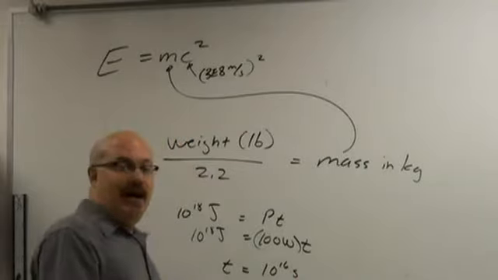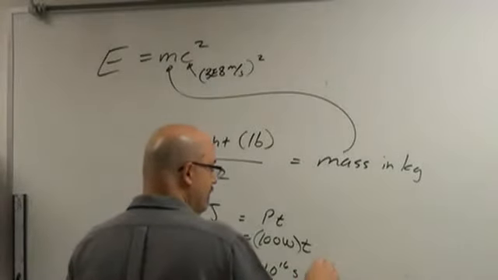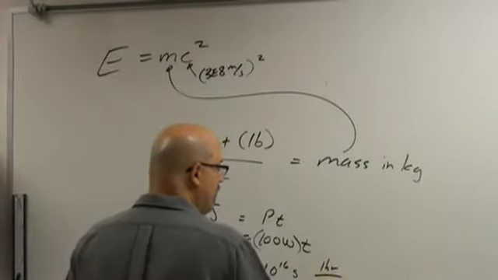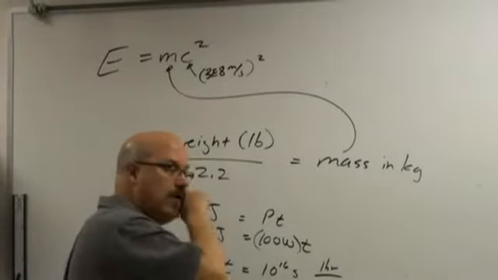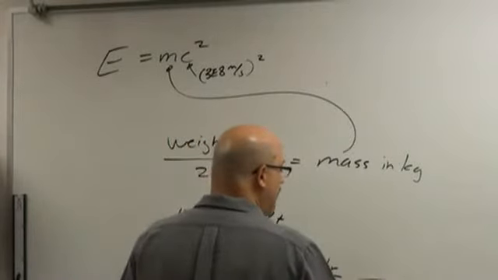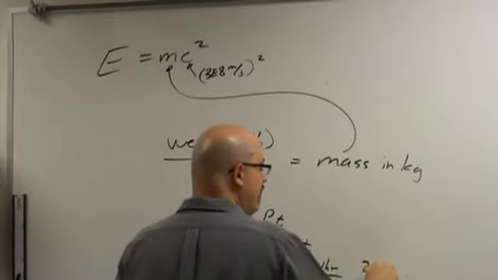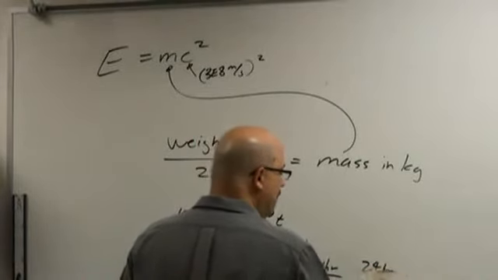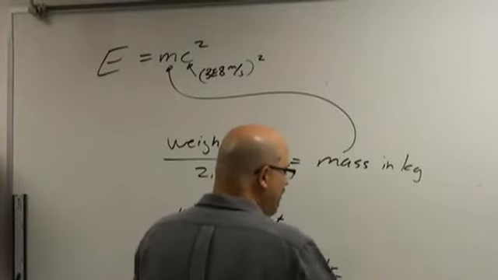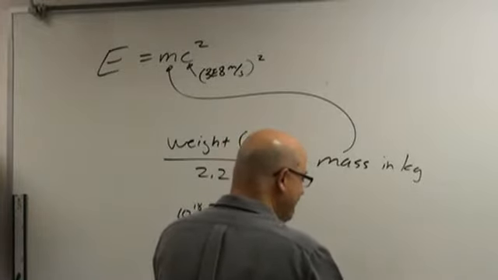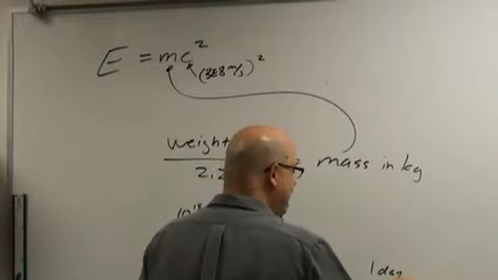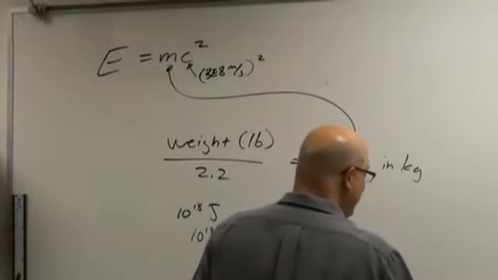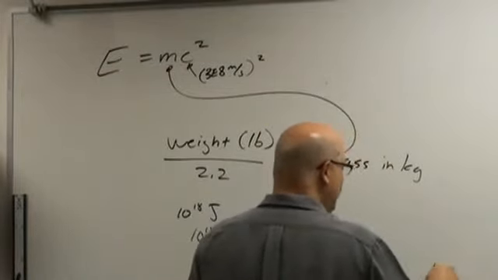How many seconds in an hour? 3,600 seconds in an hour. 24 hours equals 1 day, and 365 days equals 1 year.